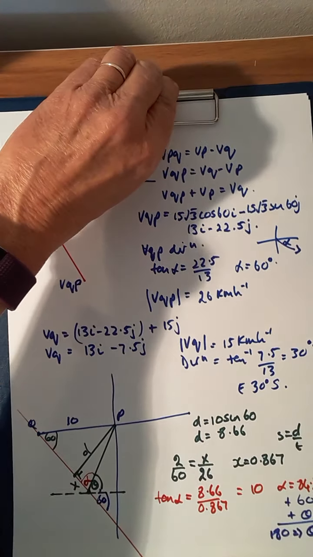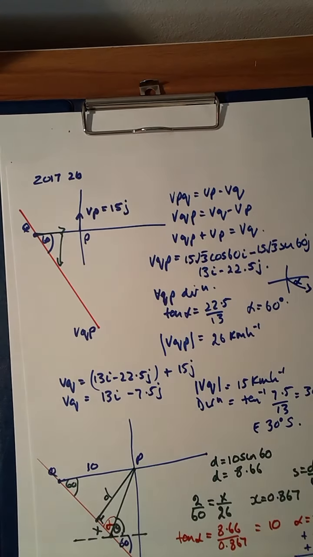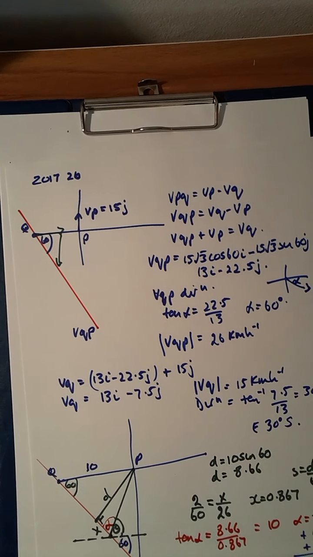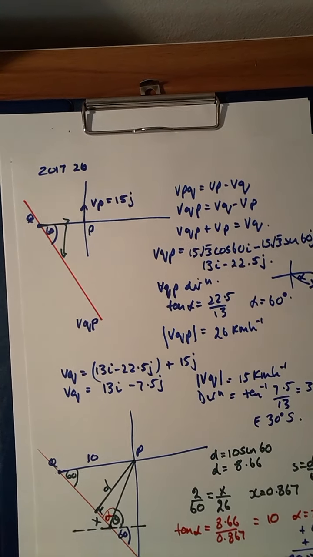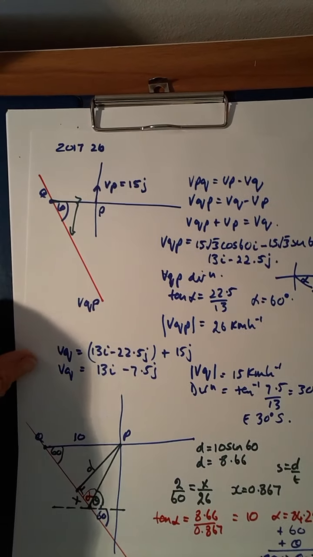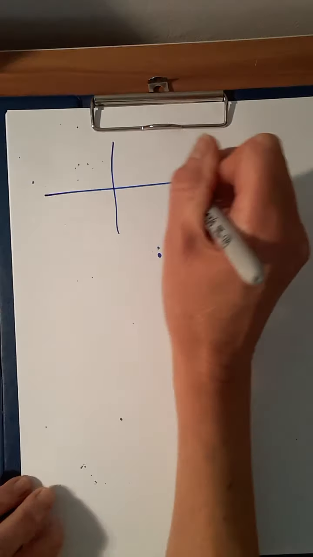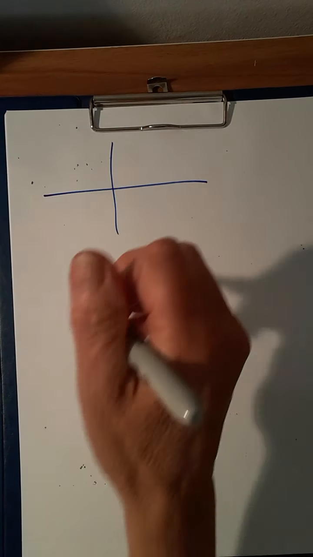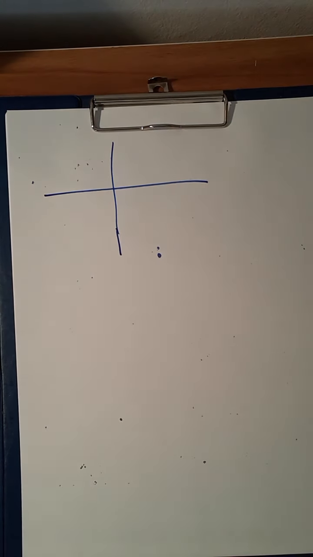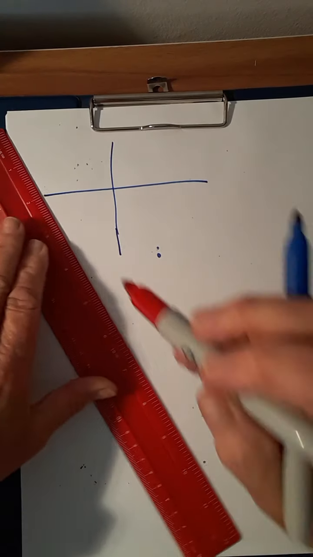The third part says, if Q can be seen from P for 12 minutes. Okay, so I'm going to redraw this idea here again. So here's my axis, and I'll draw a nice big diagram so you can see what's going on. This, of course, is my relative velocity line again.